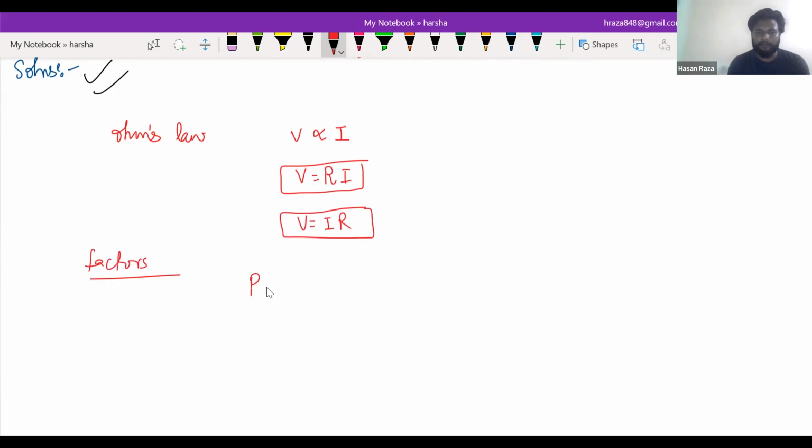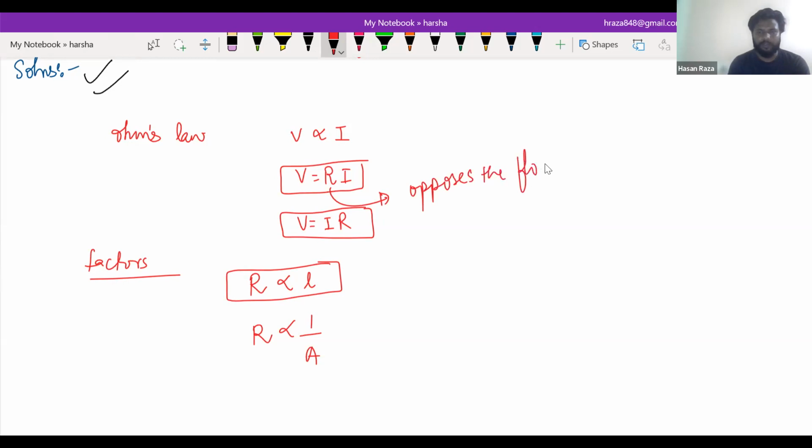Then we studied about factors on which resistance depends. So we saw that resistance is directly proportional to the length of the wire and inversely proportional to the area of the cross section. Also, this R is basically a property of any conductor which opposes the flow of current.